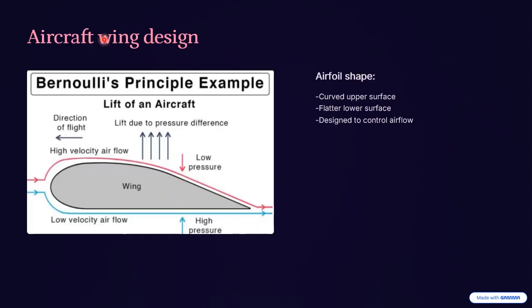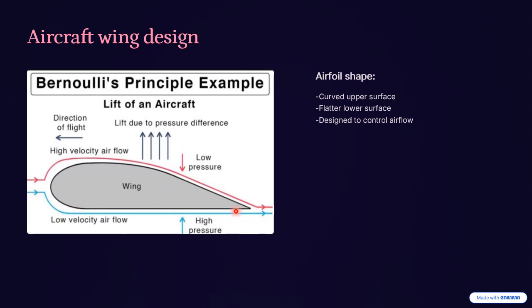Now let's talk about the design of the aircraft wing. Aircraft wings are not flat, if you have ever noticed. They are specially designed in a shape called airfoil. If we observe carefully, the upper surface of the wing is more curved while the lower surface is comparatively flatter.